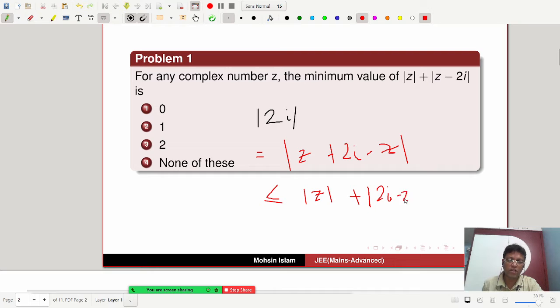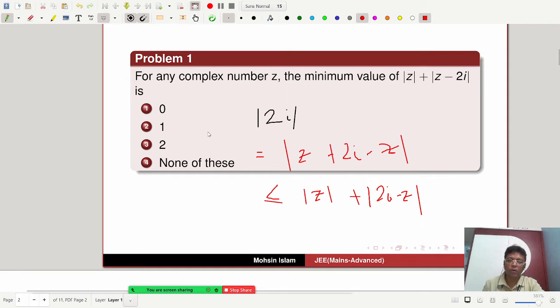If you have the modulus of the addition or subtraction of two complex numbers, we can write this inequality: modulus of z1 plus z2 is less than or equal to modulus of z1 plus modulus of z2. So here you have z, and 2i minus z plays the role of z2.